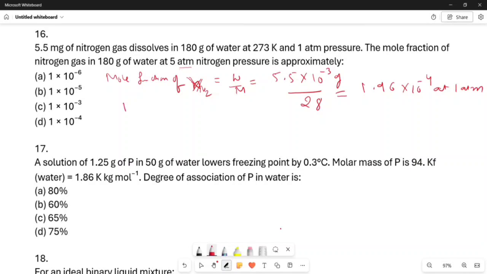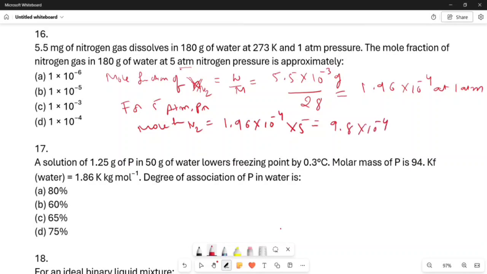This is the mole fraction for 1 atmosphere. So for 5 atm pressure, the mole fraction of nitrogen is equal to 1.96 into 10 raised to minus 4 multiplied by 5. So you can get the answer 9.8 into 10 raised to minus 4.